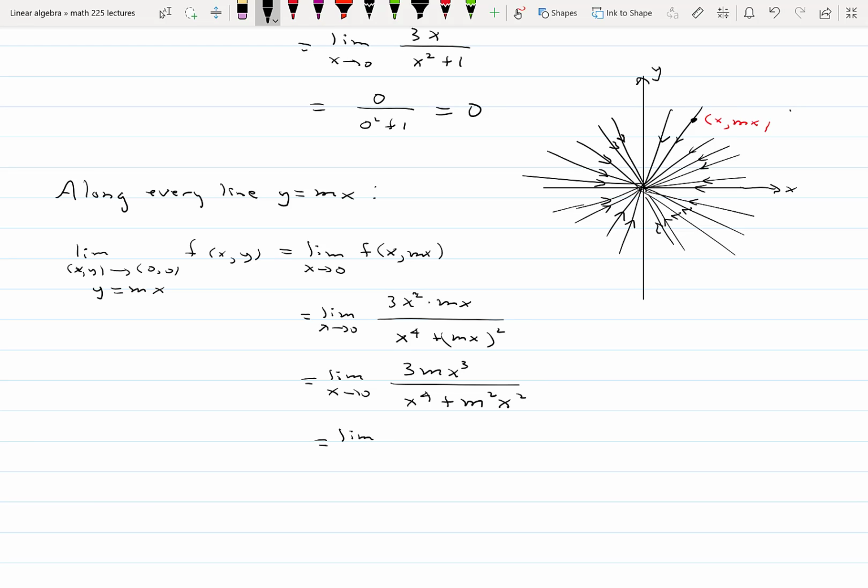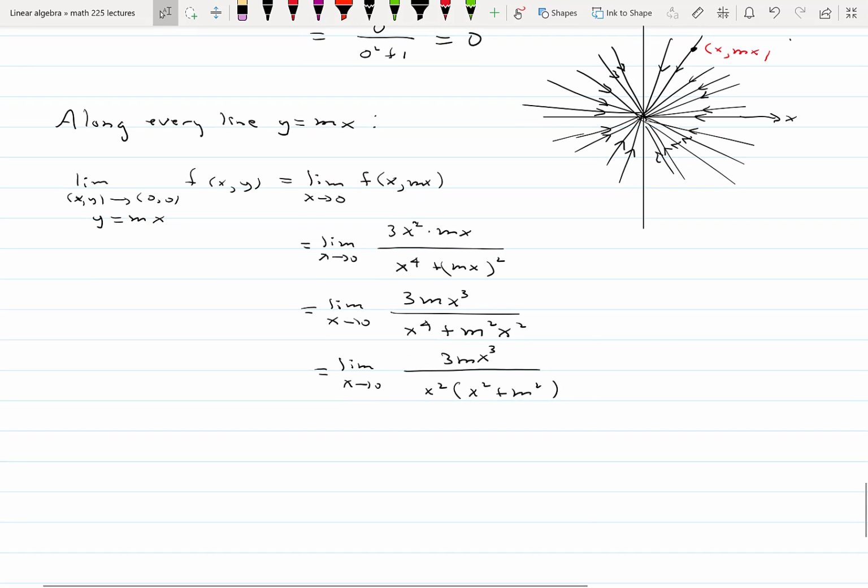Limit as x approaches 0. I'm going to factor an x squared from the denominator. If I do that, then I can cancel out a factor of x squared, since I'm never letting x equal 0. I'm letting x approach 0, but never touch it. I can cancel the x squared.